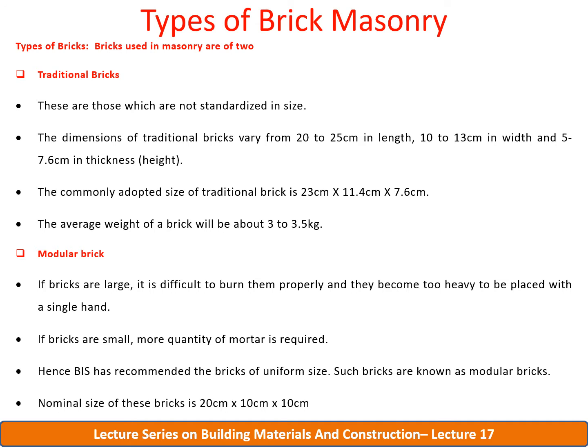The mortar used for brick masonry will be cement mortar, lime cement mortar, lime surki mortar and mud mortar. Mud mortar is used for low rise buildings which carry light load. Cement mortars are used for high-rise buildings where strength is of prime importance. Lime mortar and lime surki mortar are used for all types of construction work.